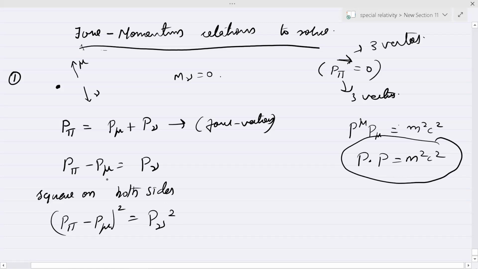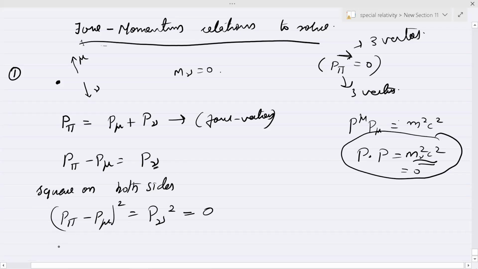This just means it's a neutrino. I'm not using an index here. So this is the 4 momentum square of the neutrino, which is equal to m square c square. But the mass of the neutrino is 0, so this is equal to 0. Am I right?